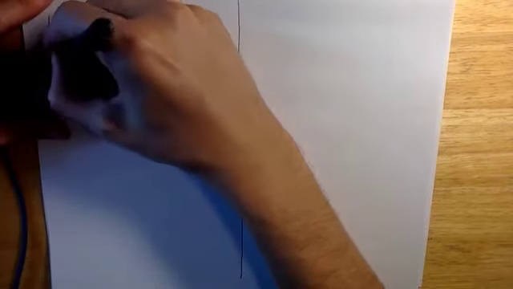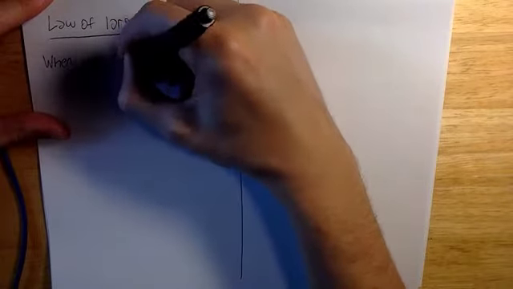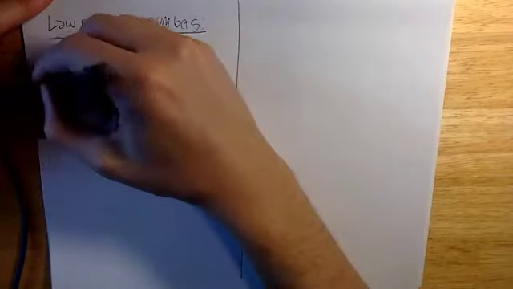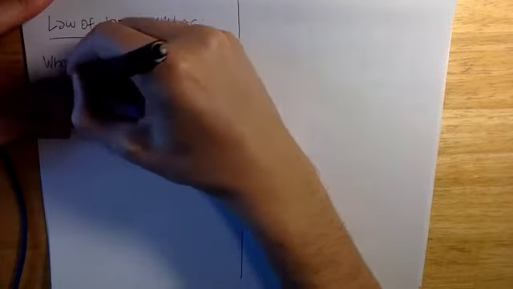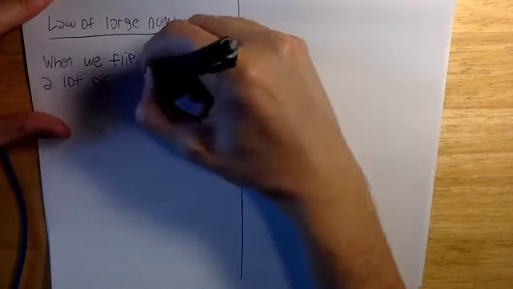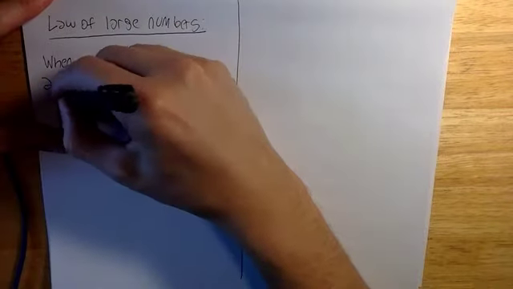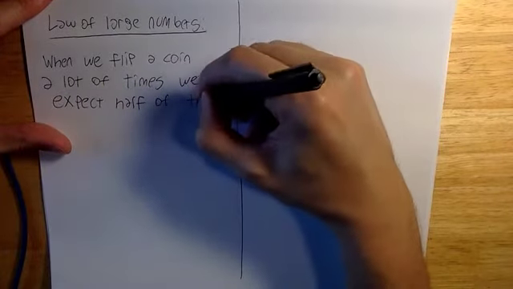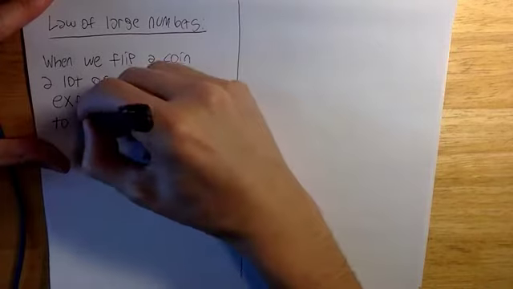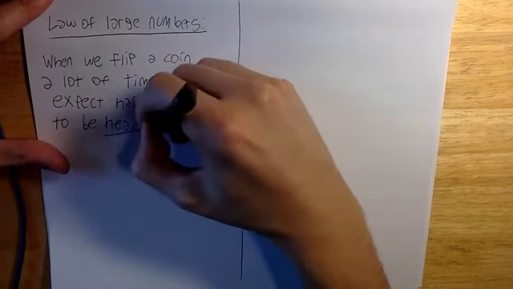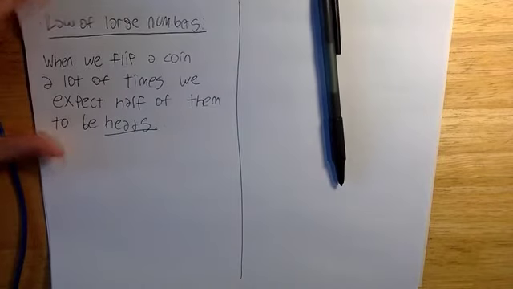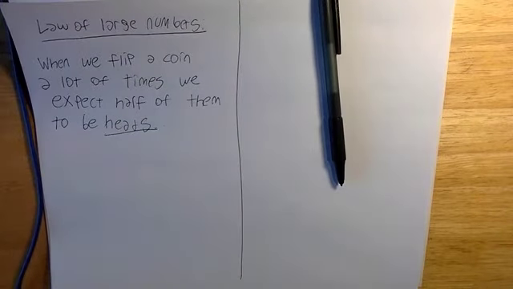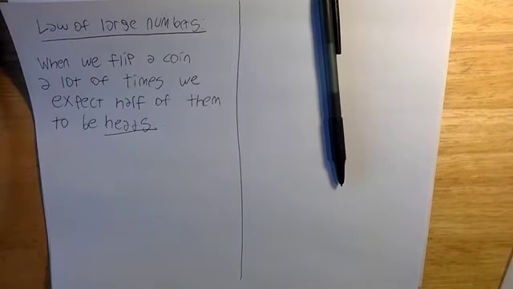The idea is that when we flip a coin a lot of times, we expect half of them to be heads. We are going to start being a little bit more precise about what this means.